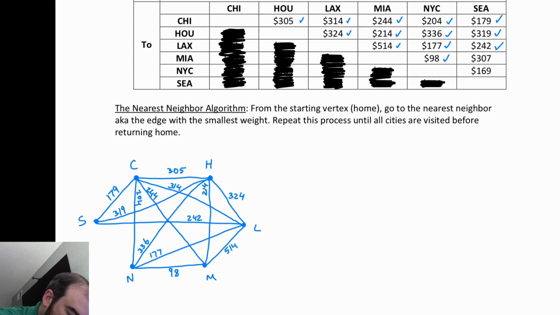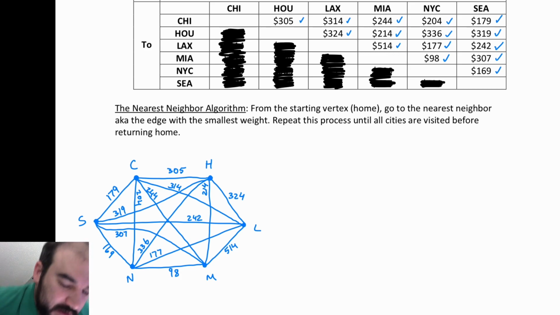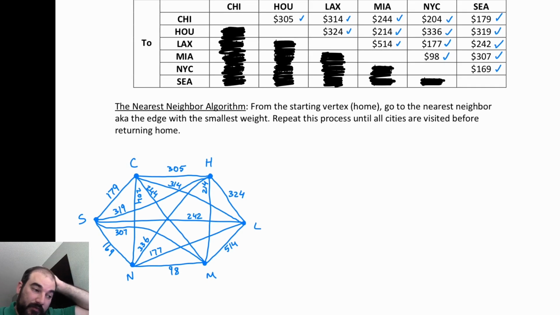Seattle and Miami, which we'll draw in there, is, I guess you could draw it on the outside as well. I don't know why I tried to put everything in the middle here. That's 307. And then finally, Seattle to New York is the last one, which is 169. Okay, so that's all of the flights. Imagine trying to put to and from flights for each of these. It would be a disaster to try to figure that out from this.